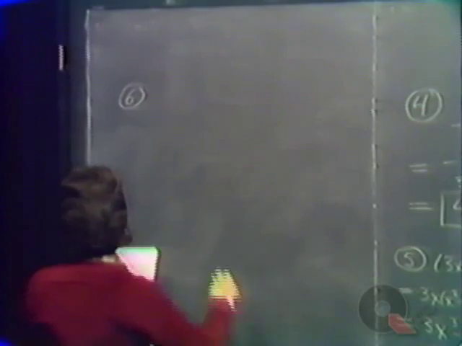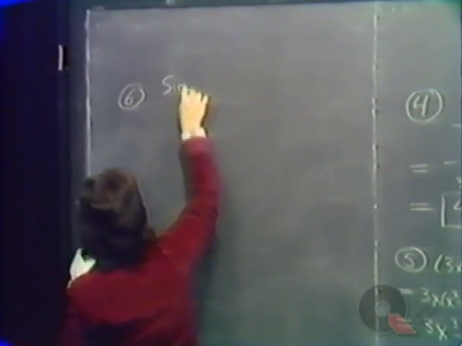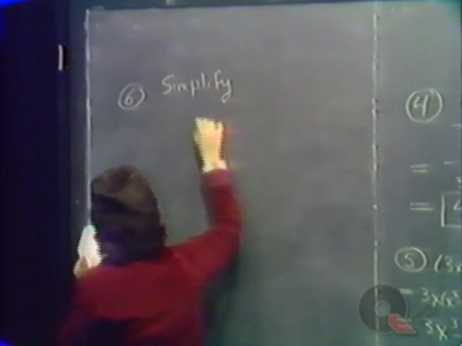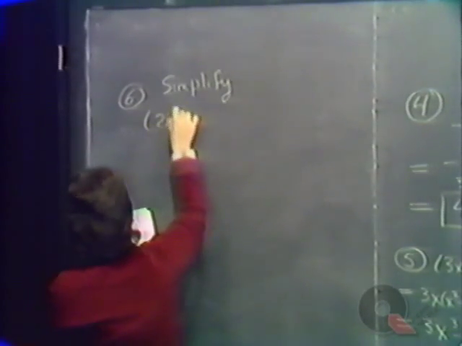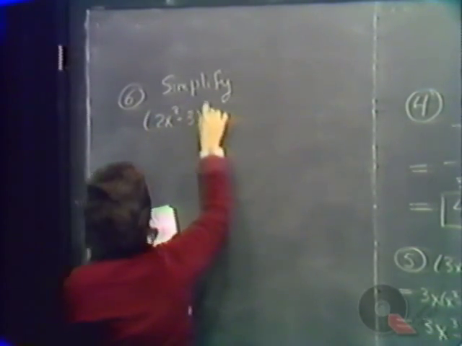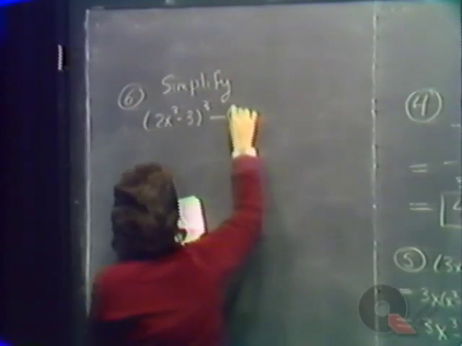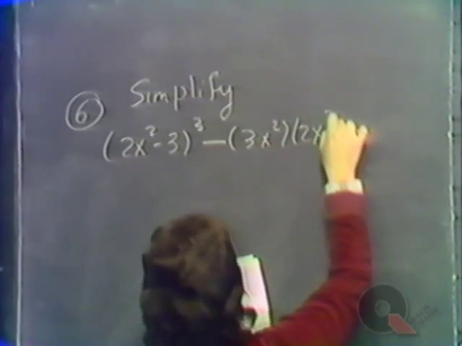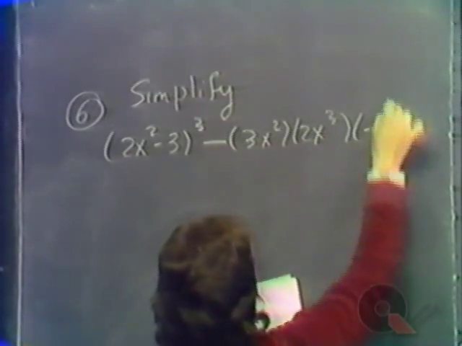In our next example, also I want to simplify as much as possible the following expression. 2x squared minus 3 cubed, take away 3x squared times 2x cubed minus x.